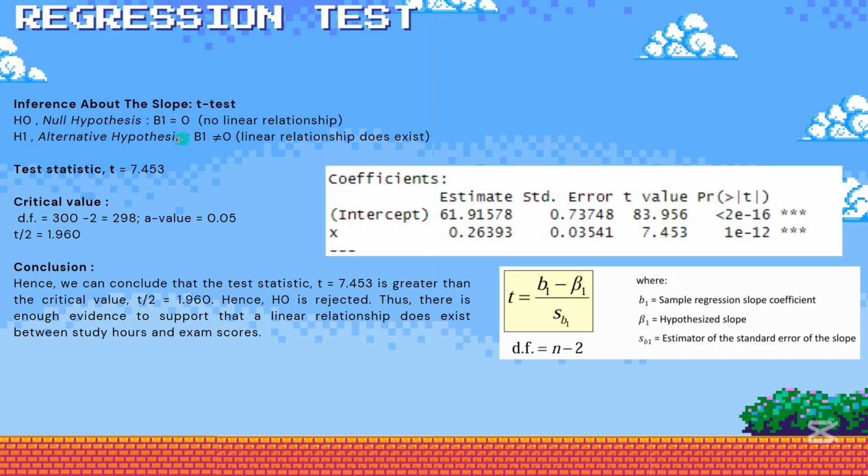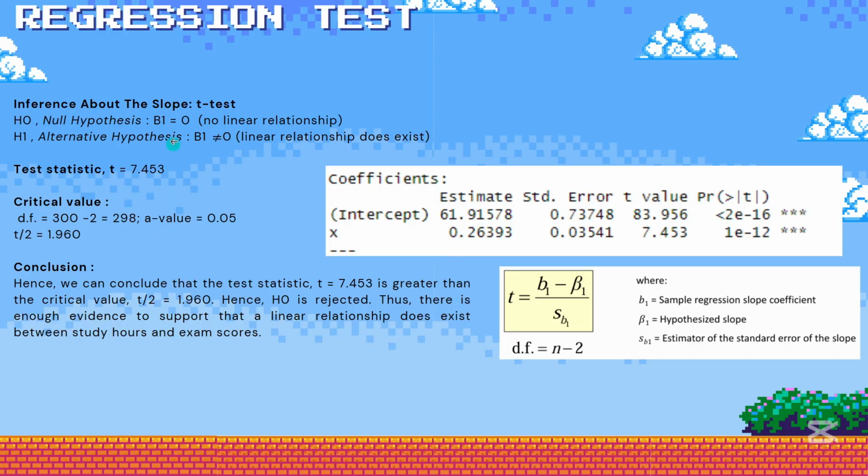7.453. Then for the critical value, we find the degree of freedom, n-2. Our sample has 300 data points, so our degree of freedom is 298, and our alpha value is 0.05. We look at the t-table and get the value of 1.960.